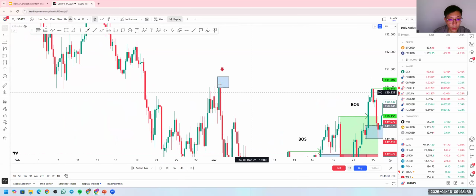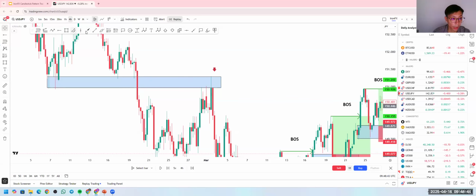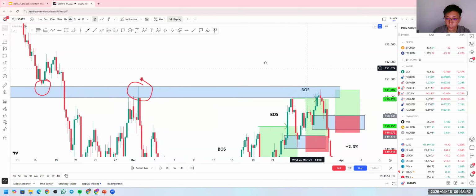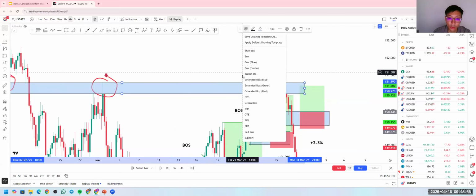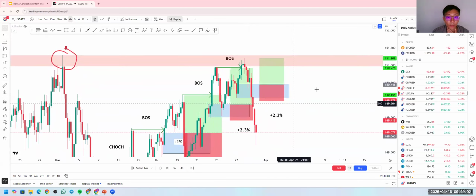If you scroll to the left, you can see how price reacts very strongly to this level. If I extend it, this is a very strong level of resistance over here. That's why we have a strong sell-off.